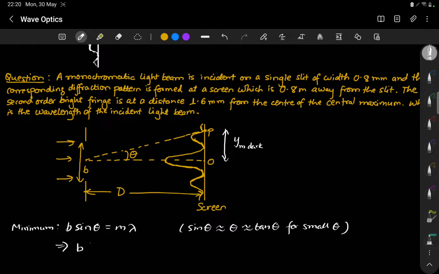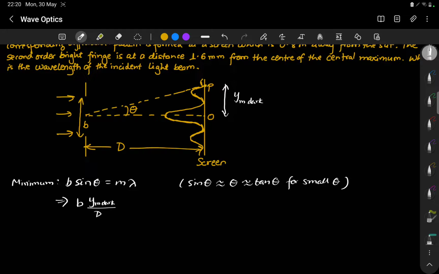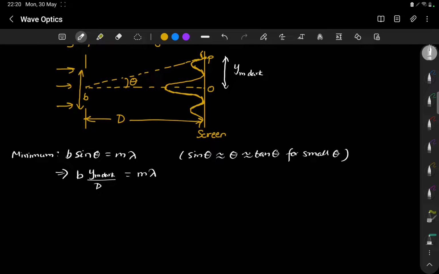Then this gives us y m for dark divided by d is equal to m lambda. So this is the position of the mth order dark fringe.